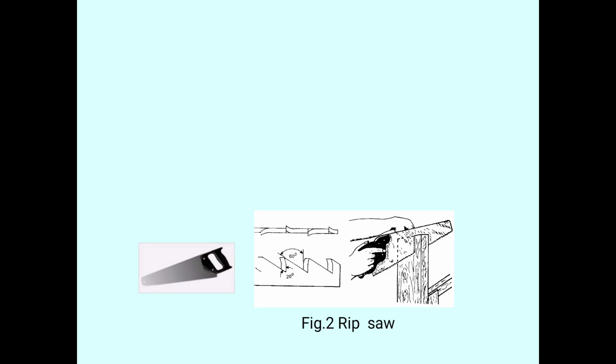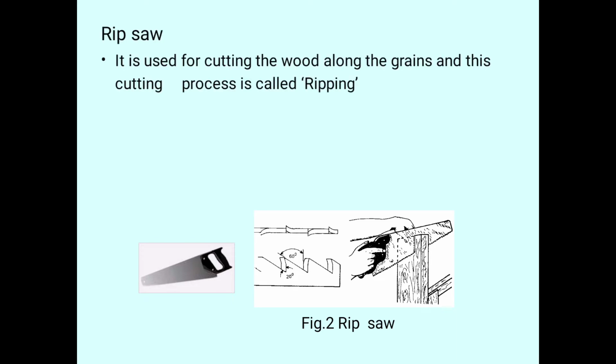First we discuss the rip saw. What is a rip saw? Here we can see the diagram of a rip saw. A rip saw is used for cutting the wood along the grain, and this cutting process is known as ripping.